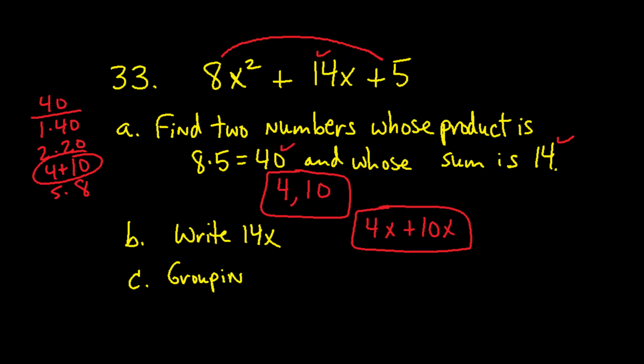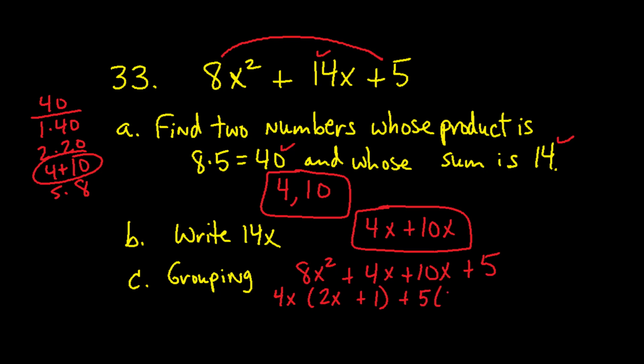So that is why they had us go through this process, is because we want to rewrite the original problem, changing 14x into 4x plus 10x. Then we will factor out the GCF of the first two terms, which is 4x, leaving us with 2x plus 1, and the GCF of the last two terms, which would give us 2x plus 1.